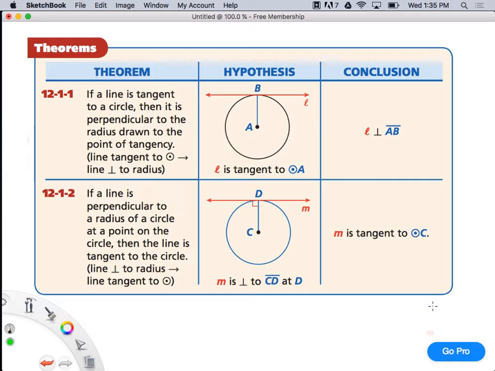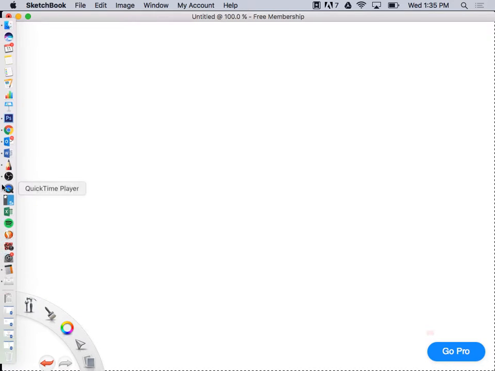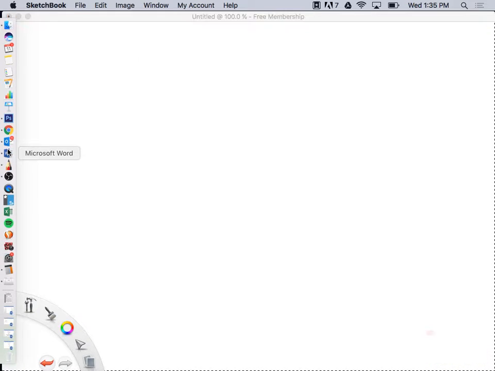Look, the tangent is perpendicular to the radius. Got it? Okay. Now the really last thing, and this part is definitely important. So listen carefully.